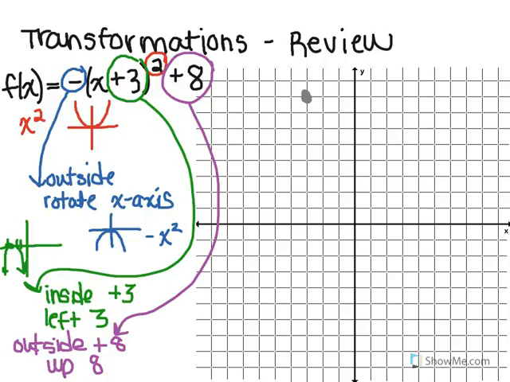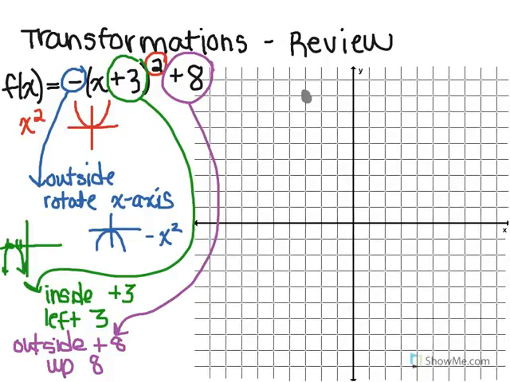You can always find a few more points just to get a better idea of the graph. In this case, if I had plugged in a negative 2, we should get 7. If I plug in 4, we should get 7.